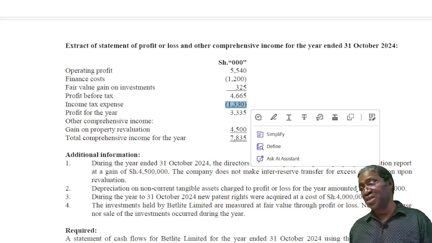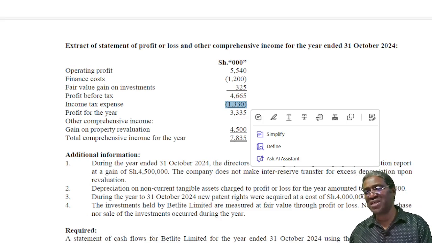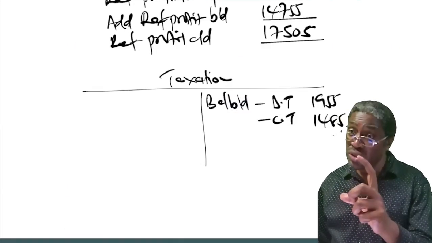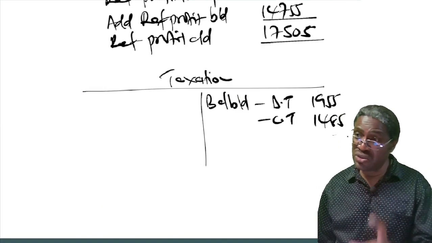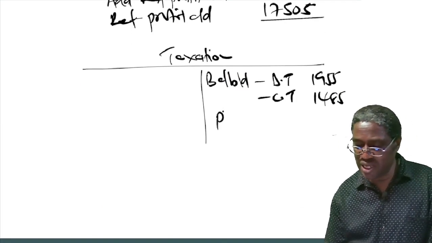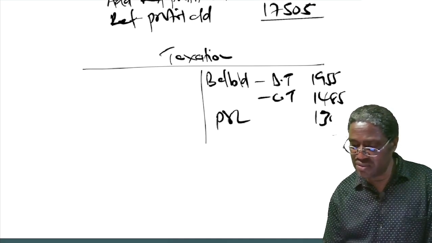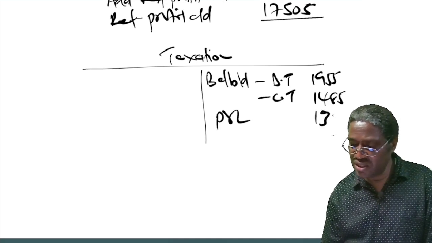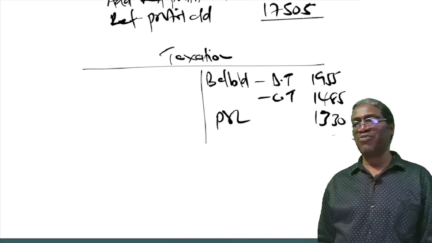We have deducted it in the P&L account. Anything deducted in the P&L account is a debit in the P&L account. So automatically we should credit this account. So come and say your P&L account, 1330. That was the charge for the year.